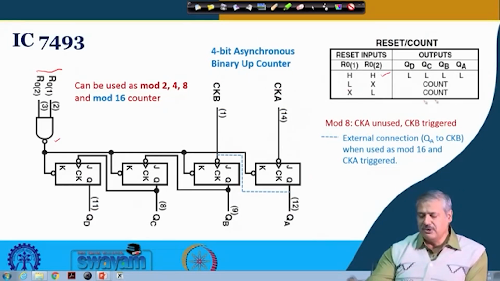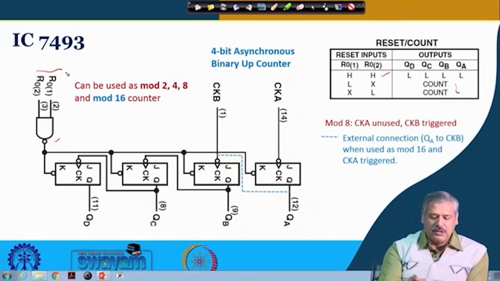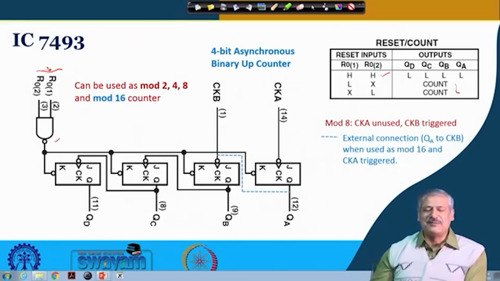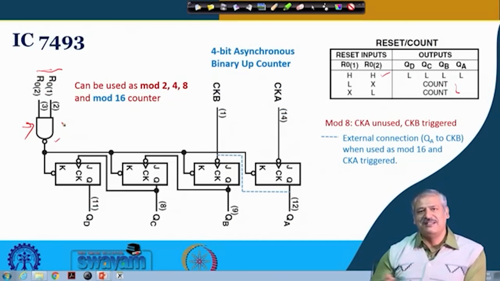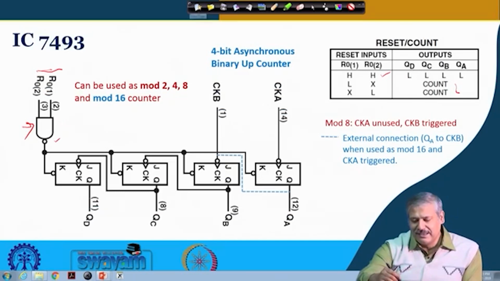If any one of them is low, then the normal up count operation will take place. And why 2, why not 1? 1 would have been sufficient. More on that will be revealed in the subsequent discussion on the counter. There is a specific reason to put this in, which is helpful in certain contexts.